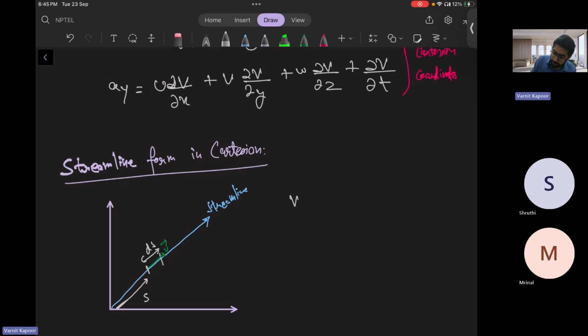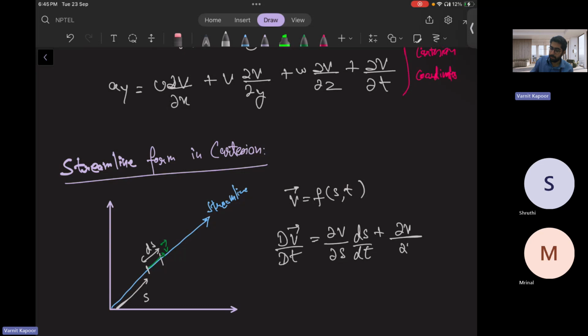So your velocity vector is nothing but a function of displacement s and time. Okay. So what will be the total derivative? dV by dt is nothing but dou V by dou s ds by dt, right? Plus dou V by dou t dt by dt.